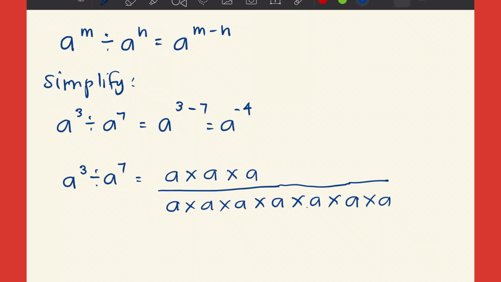Now, if we cancel the a's here, what is left is 1. Then we have 1 over, how many? a times a times a times a is a raised to the power of 4.